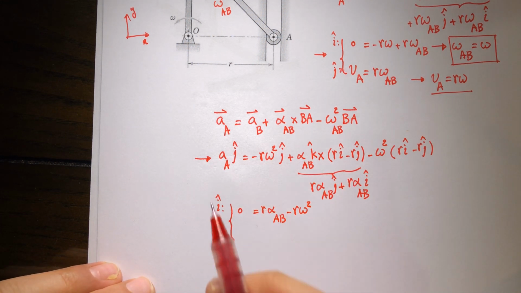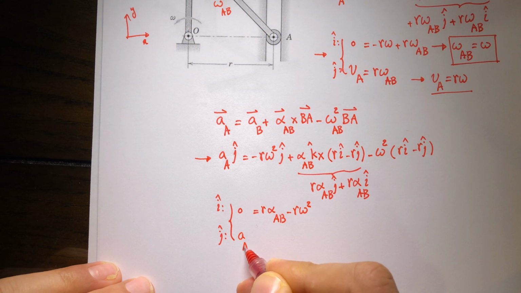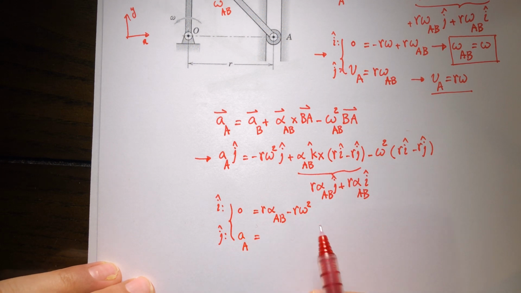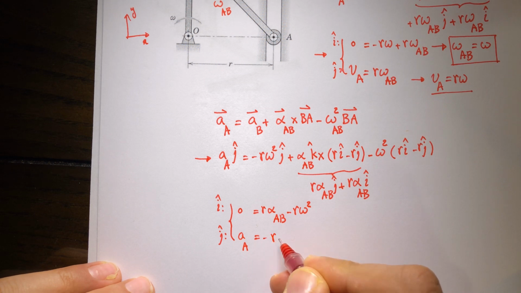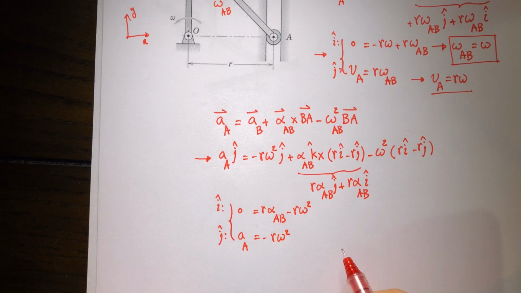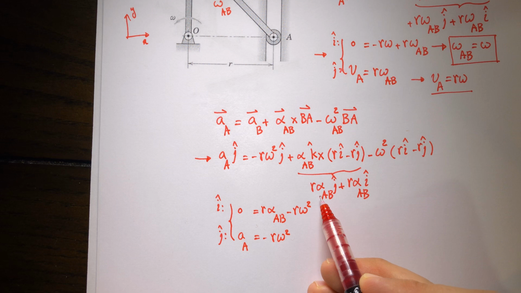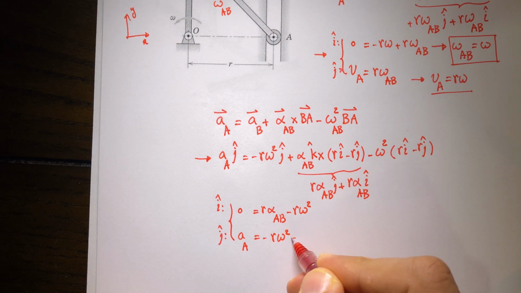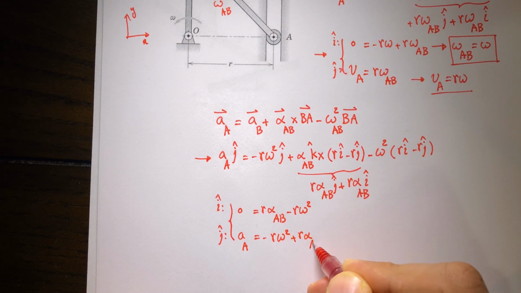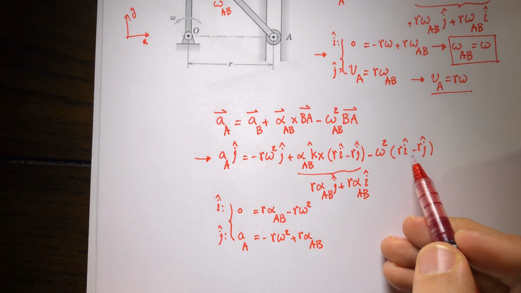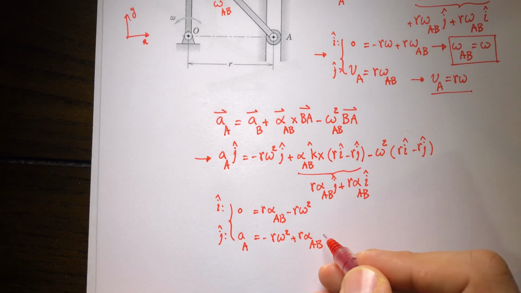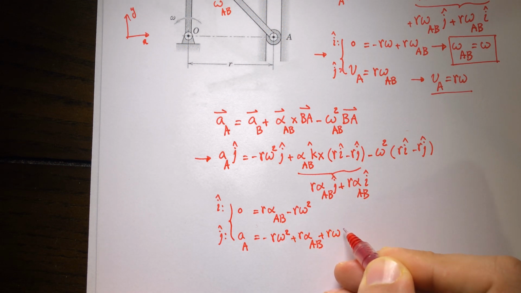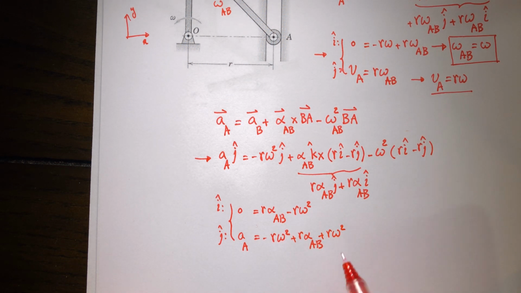For j parts, I have acceleration of A on the other side of the equation. On this side of the equation, I have negative r omega squared. Then I have r times alpha AB. And here I have r times omega squared again, but positive here. So these two are going to cancel each other out.